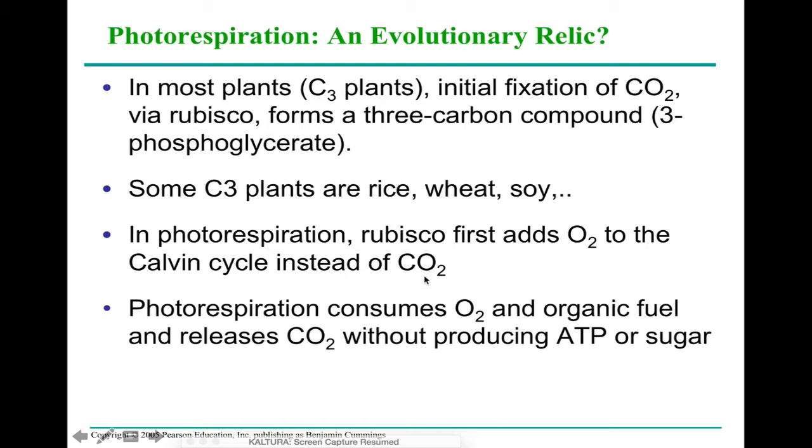But this is not good. It is wasteful because there is no sugar made, there's no ATP made. And plants cannot survive like this. If this were true, plants wouldn't have survived or evolved so much. But the thing is, some plants have a mutation and they have an alternative.